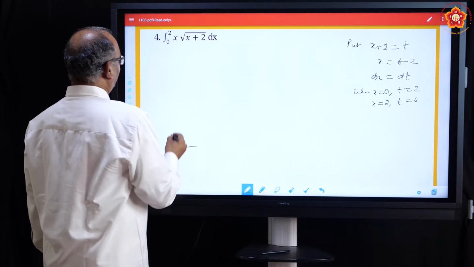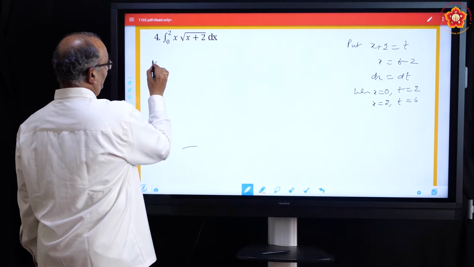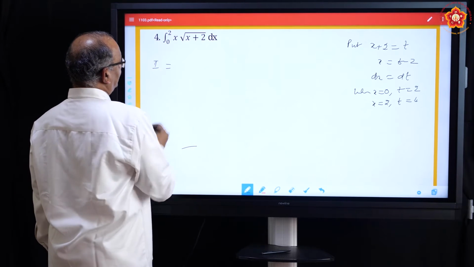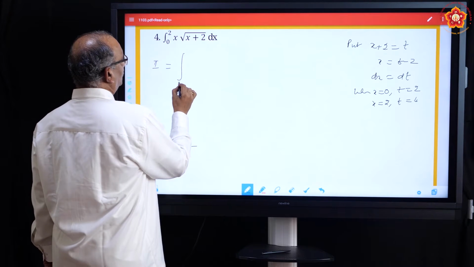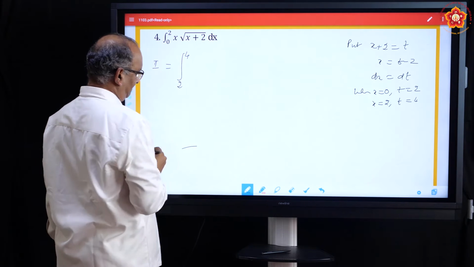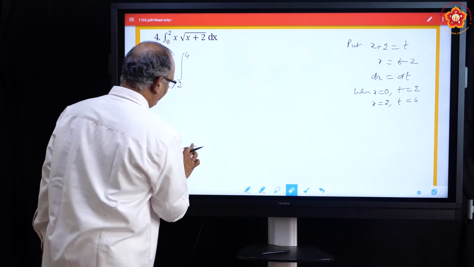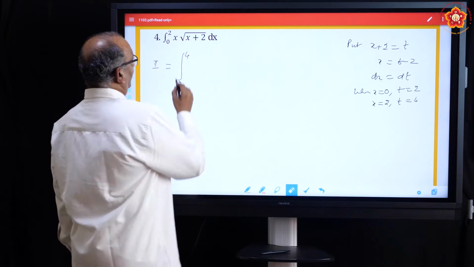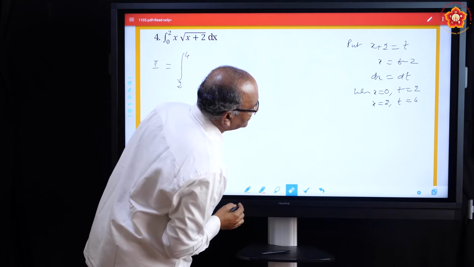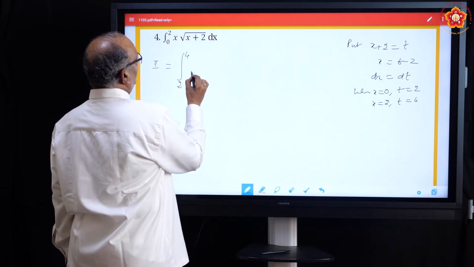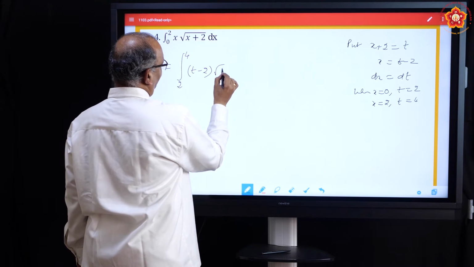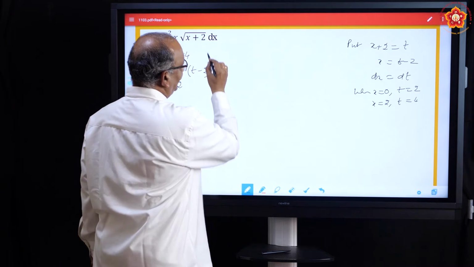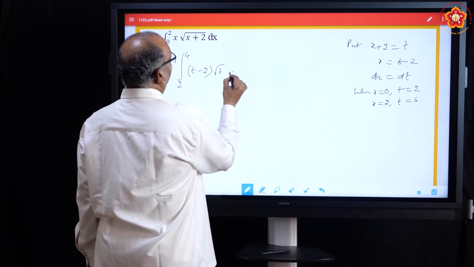As a result, this integral can be written as, limits are changing now, instead of 0 to 2, it is 2 to 4. What is the value of x we got? t minus 2 into under root of t. What is the value of dx we got? dt.